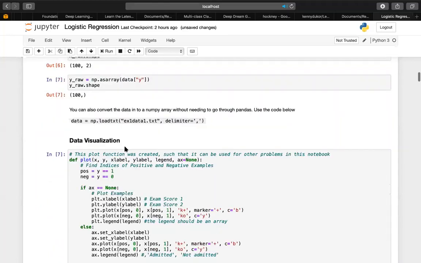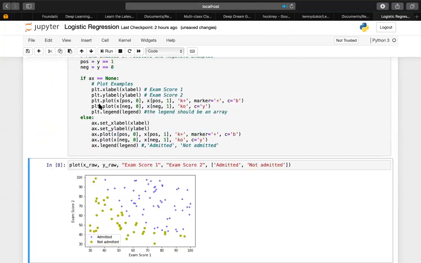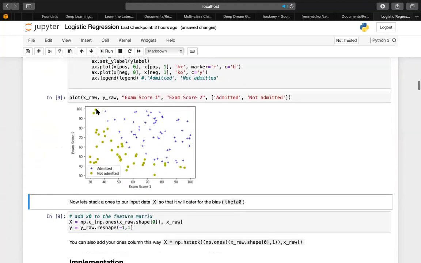So we can visualize what we have here, and you'd see that this is what the data looks like. So for these yellow circle points here, these are the people who are not admitted, and for these blue cross points, these are the people that were admitted, and it kind of has a nice distribution.